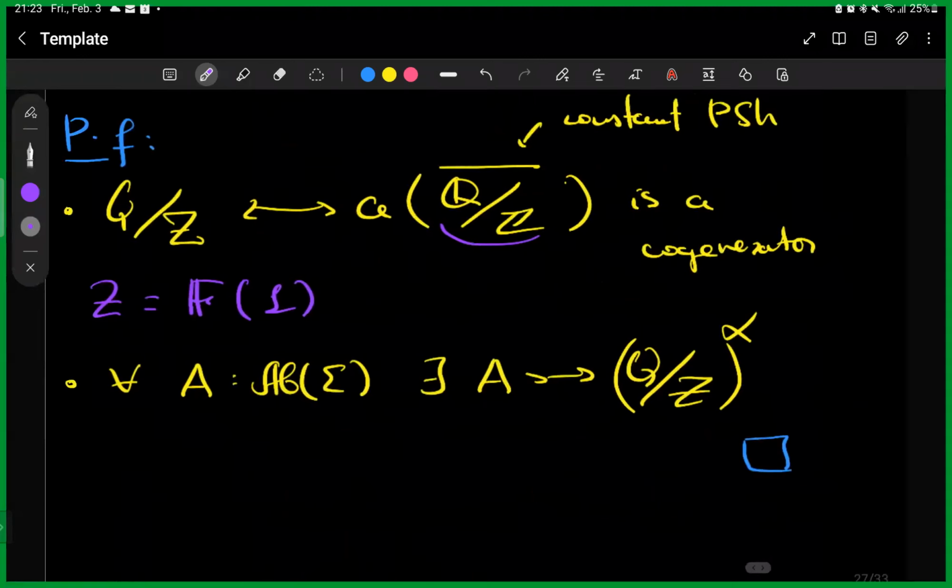To do this, we just construct an analog of the prototypical divisible abelian group, which is just the quotient of the rationals by the integers. This one is divisible.